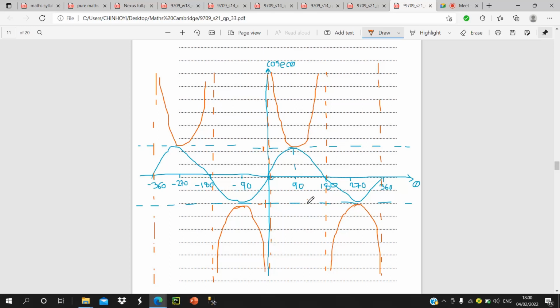Then the graph of cosec will be maximum at minus 1 and not touching these asymptotes. These broken lines, they are asymptotes. The graph doesn't cut there. Same applies from minus 180 to 360. Yes?